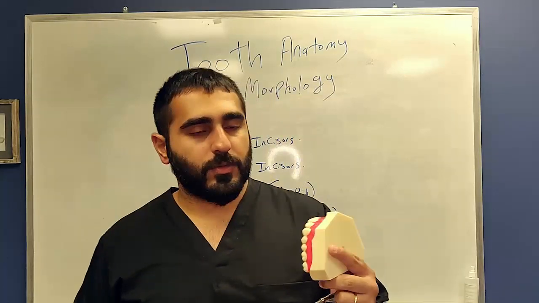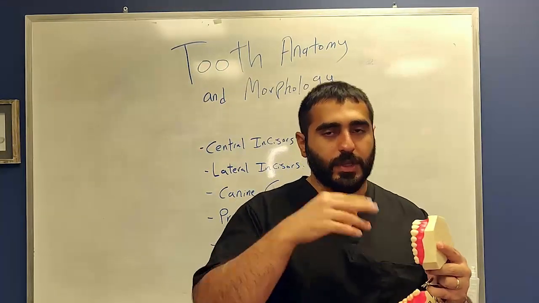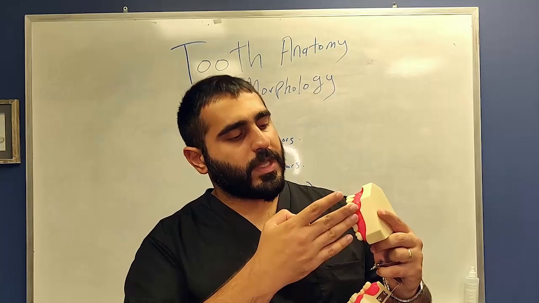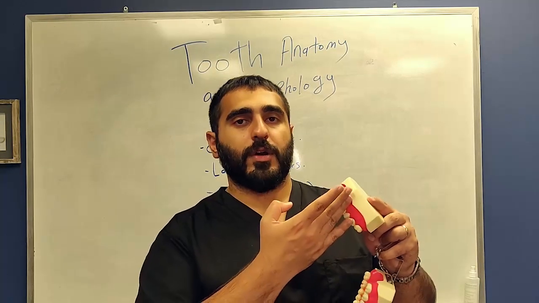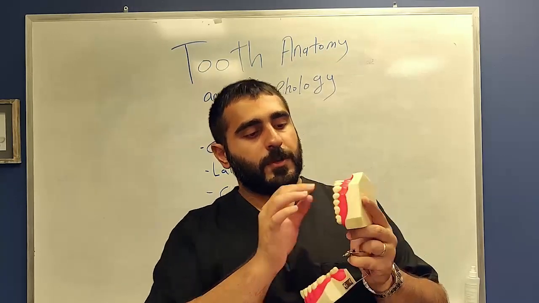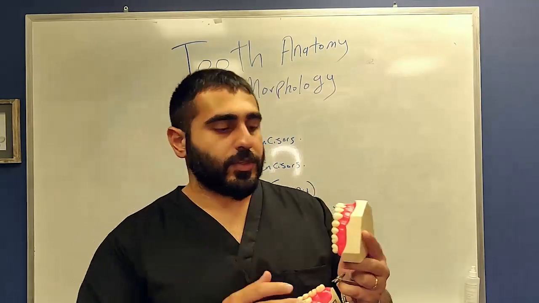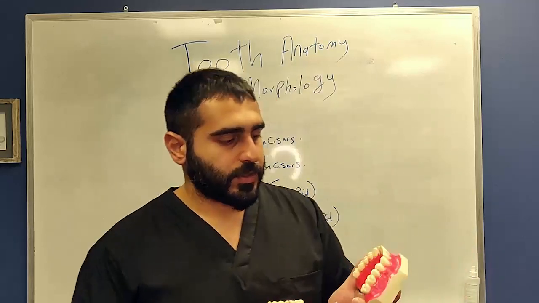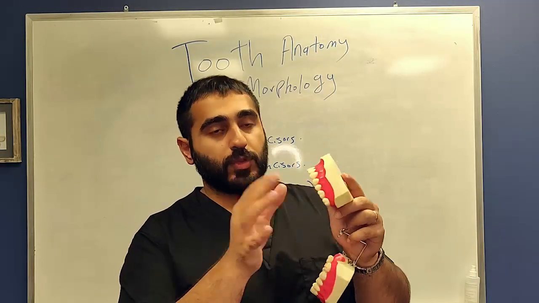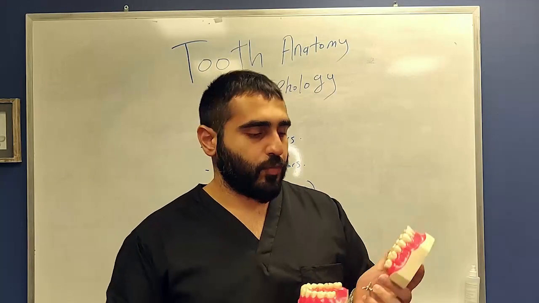We will learn about the names of the surfaces later on. But for now, you would have a buccal root and a lingual root. You will learn about these words in the surfaces section. So yes, only the first premolar can have two roots, usually. The other premolars have one root.